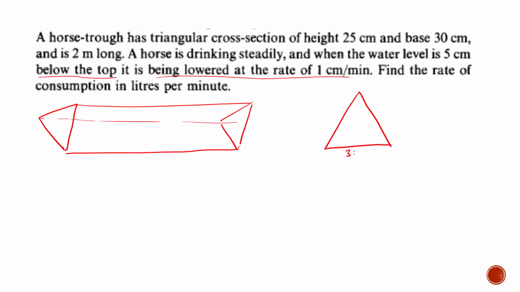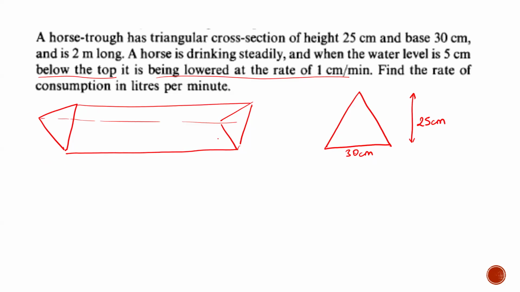We have that its base is 30 centimeters and its height is 25 centimeters. Now we want the rate of consumption in liters per minute, so that's really the rate of reduction of the volume of the water within the trough.